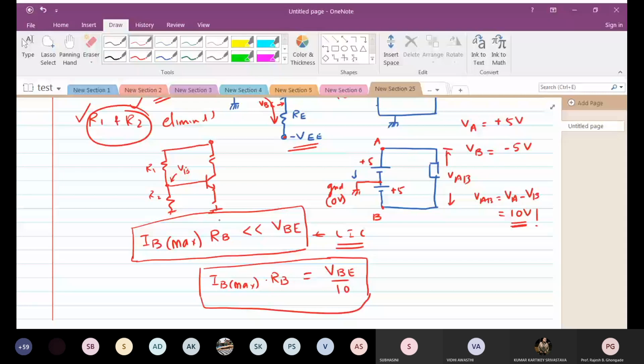Three. Yes, how many types of biasing are there? Come on. Three. You've just now seen the fourth. Four, yes, four types of biasing. The fourth one is exactly similar to the emitter current bias, no doubt about that.